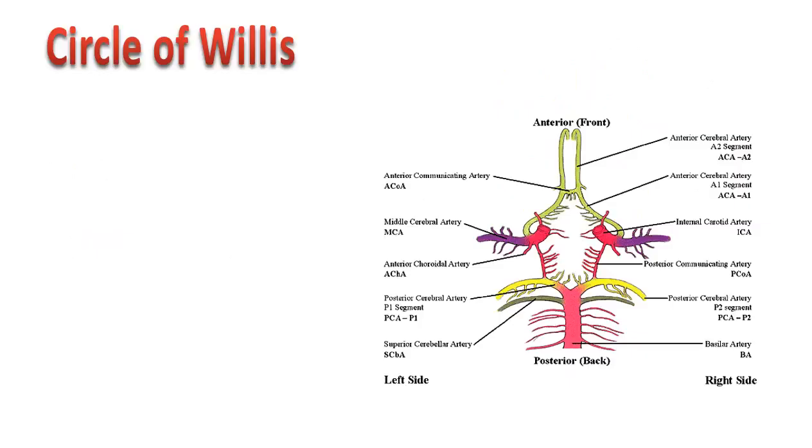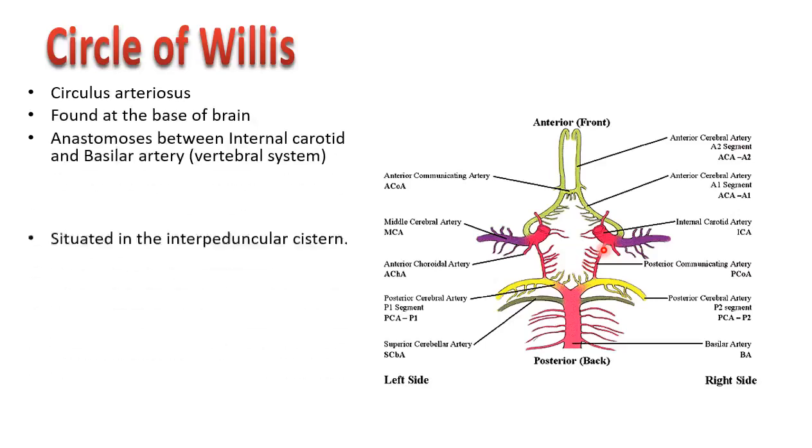So now coming to the circle of Willis. The circle of Willis is also called the circulus arteriosus. First of all, this is not at all a circle; it is somewhat pentagonal in shape. It extends from the interventricular foramen of Monro anteriorly to the upper surface of the pons posteriorly, and it is situated in the subarachnoid space.